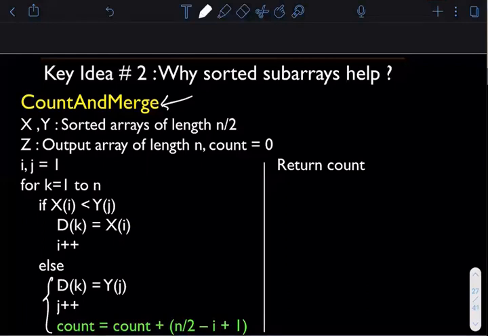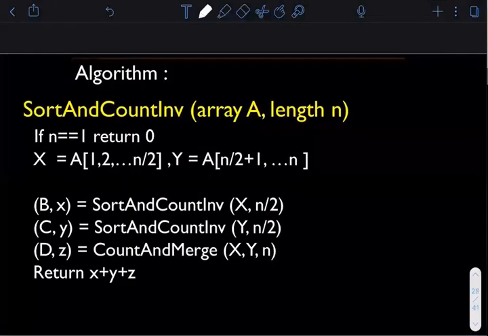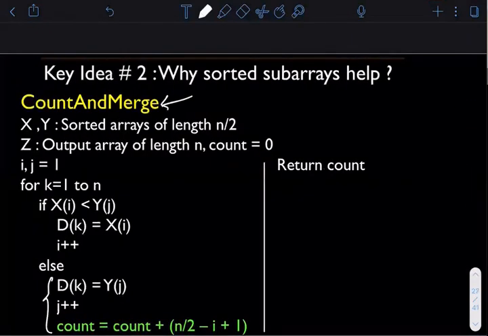So, okay, for that, let's actually look at the entire recursive procedure. I think Siddharth was the one who asked. So remember, this is just your count and merge subroutine. This does not have any recursion. So what is the input of count and merge? The input is two arrays X and Y, which are sorted already, and each of which has length n/2.